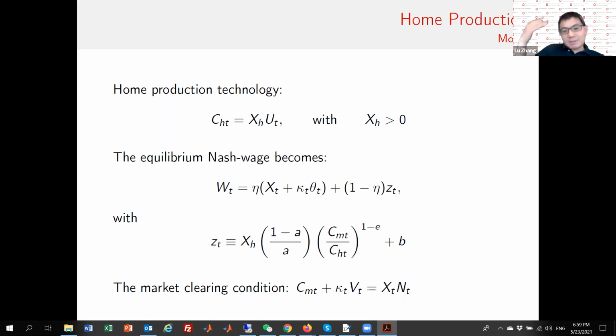So I really need to get back to work. And that again dampens the disaster dynamics in the market sector. So finally, the market clearing condition is just market consumption plus total vacancy costs adding up to market production, or the output of the market goods.